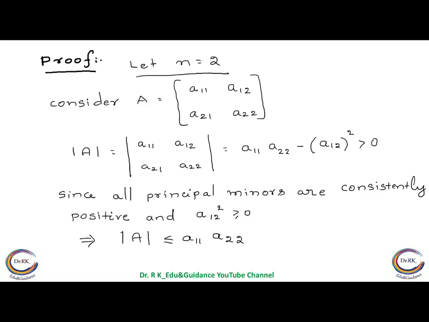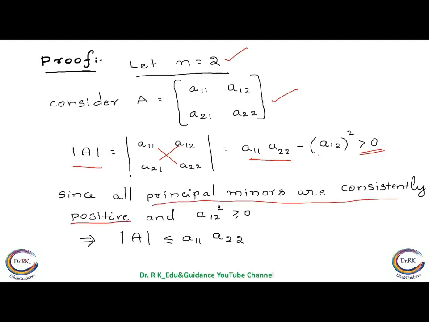Let us take n equal to 2. That means consider a matrix A with entries a11, a12, a21, a22. Now its determinant is nothing but a11 a22 minus a12 a21, which is always greater than 0. The reason for this is that all principal minors are consistently positive.